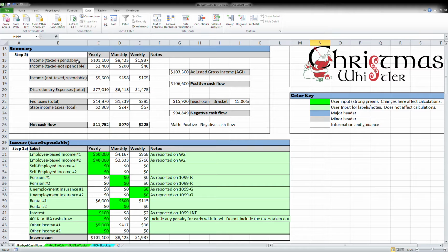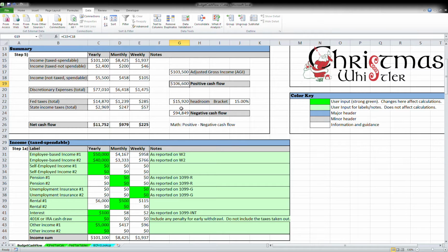So the income, this is income broken up into three different ways, so there's nothing too outrageous here. We got the spendable income in these first two sections here, and that gives us, I'm sorry, this is all the taxed income. Some of it's not spendable, and that gives us what the AGI is from a federal point of view. There's also some money that is not taxed, but it's spendable.